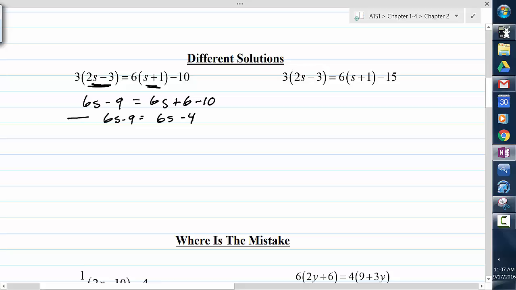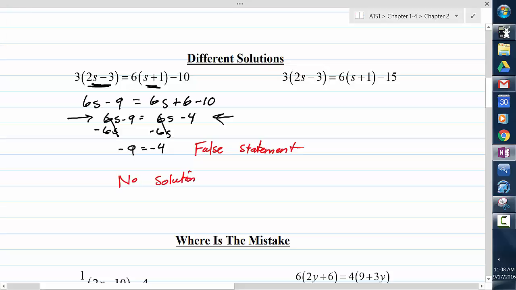There's no way that these two sides can be equal to each other because 6s minus 9 can never equal 6s minus 4. To give you a little bit more perspective, what if I subtract 6s on both sides? Subtracting 6s on both sides cancels that out. I'm left with negative 9 equals negative 4. Now that is a false statement. So since that's a false statement, we can't have a solution. So no solution for that problem.